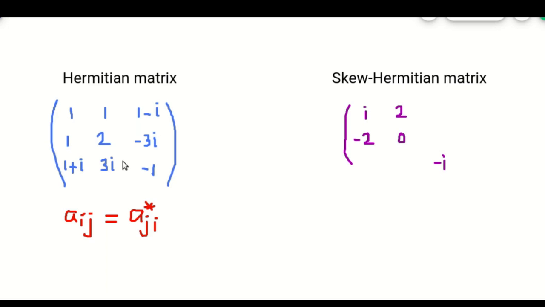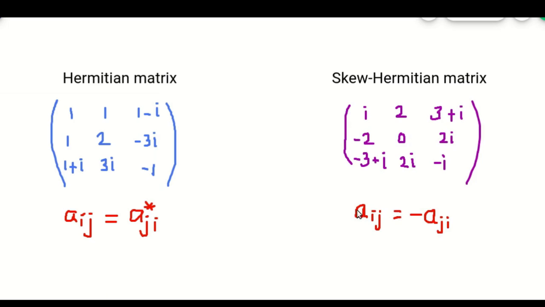Now for the skew-Hermitian matrix, all the diagonal elements are either 0 or pure imaginary, and this satisfies the condition Aij is equal to minus Aji star. You can see here on the diagonal there are only pure imaginary numbers or 0.